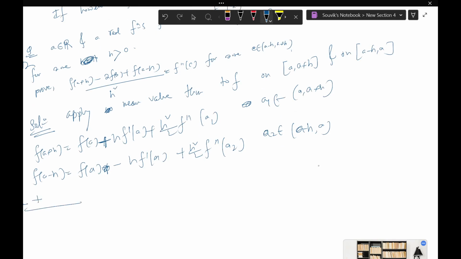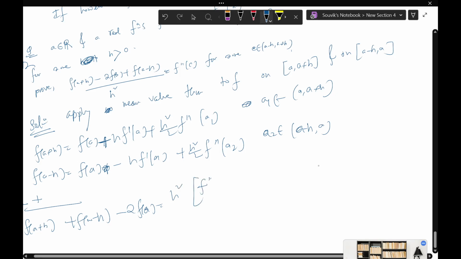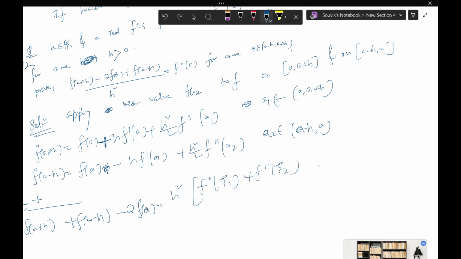So adding these we get f of a plus h plus f of a minus h minus 2f of a is equal to h squared by 2 times f double dash of a1 plus f double dash of a2.